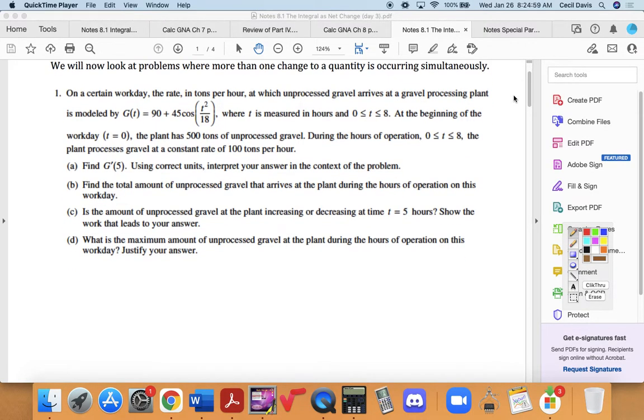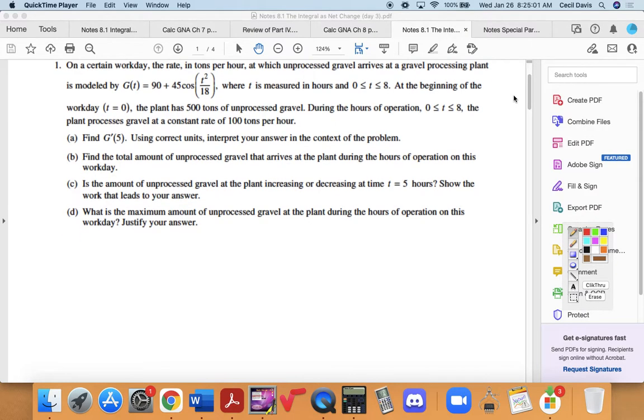All right. So on a certain workday, the rate in tons per hour at which unprocessed gravel arrives at a gravel processing plant is modeled by G of t equals 90 plus 45 cosine of t squared over 18.